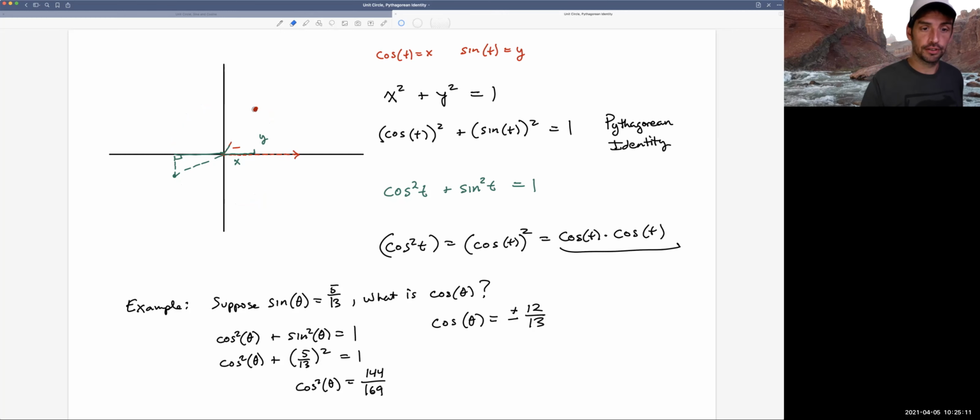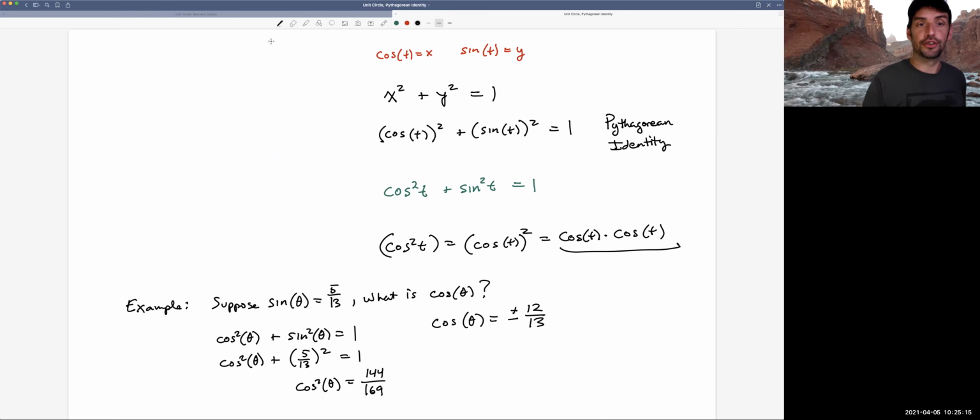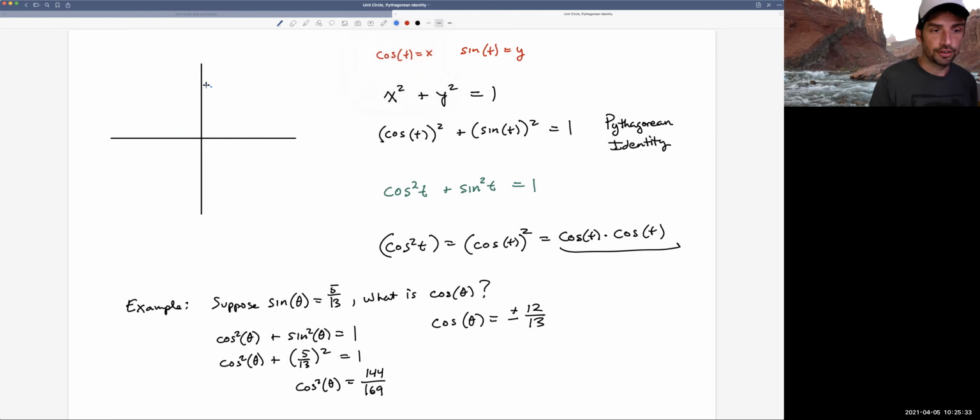So, oops, maybe I'll just start this over. Let me draw this unit circle again. Oops, why did that not work? There it is. All right, here's my axes. Let's get a circle up there.